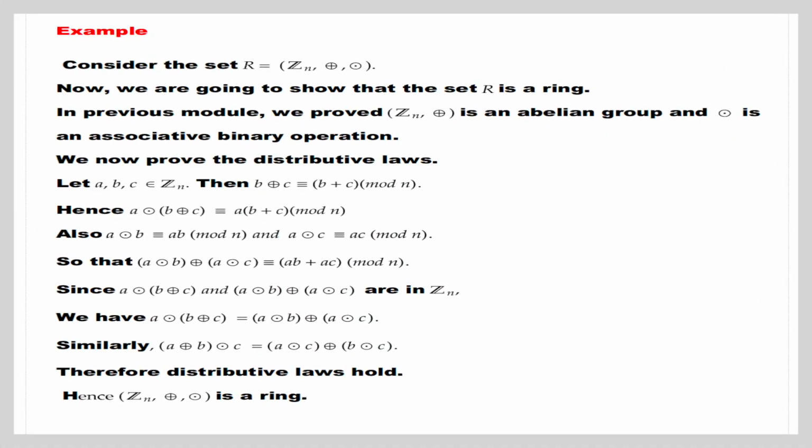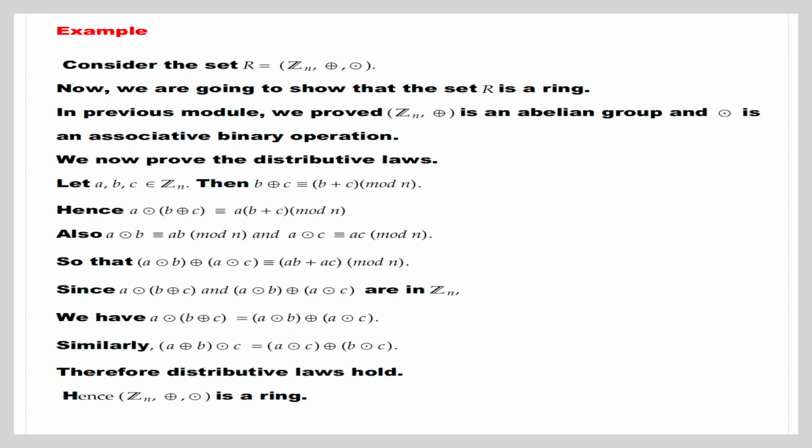Example: consider the set R equal to Zn under addition modulo n and multiplication modulo n. Now, we are going to show that the set R is a ring. In the previous module, we proved that (Zn, +ₙ) is an abelian group and multiplication modulo n is an associative binary operation.